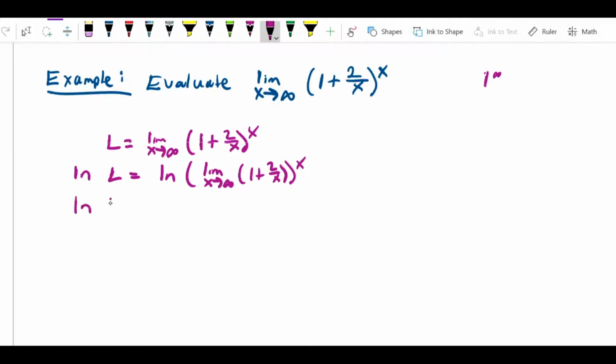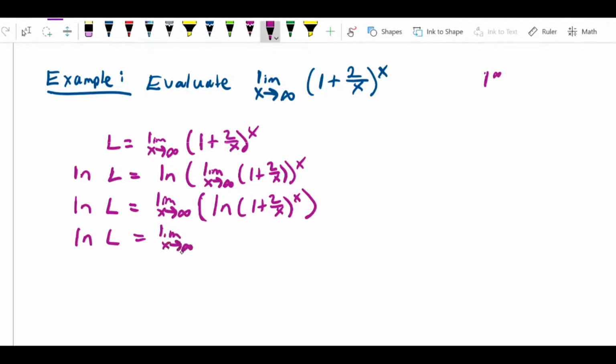And I'm going to bring the log inside using the rule that the limit of a log is equal to the log of a limit. So this is going to be the limit as x approaches infinity of ln (1 + 2/x)^x. Next I'm going to use the law of exponents to bring the x down. So ln L is equal to the limit as x approaches infinity of x times ln(1 + 2/x).